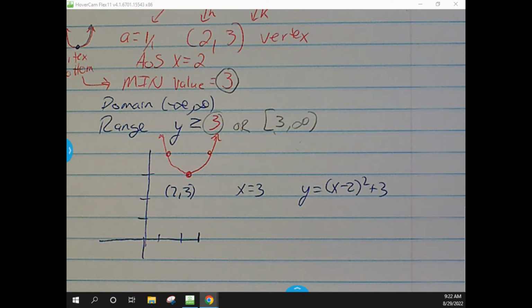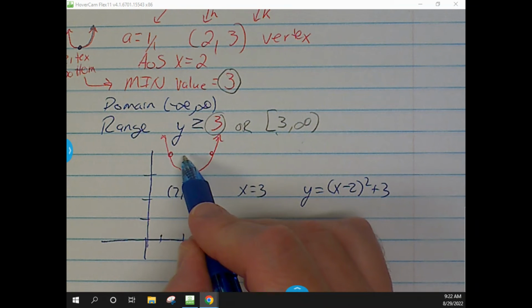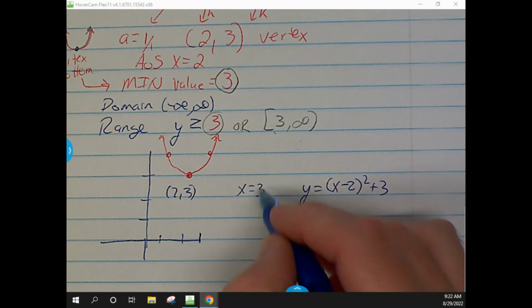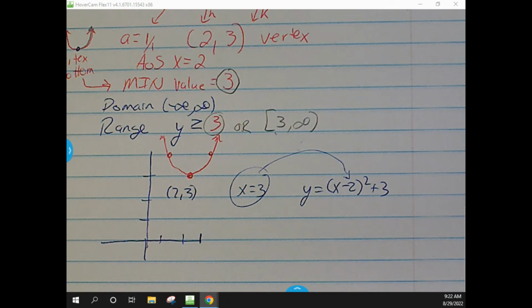Some teachers don't tell you this, but if it speeds the process up, I like to tell you, as long as it's a whole number, you get to cheat just a little bit, because you can just go up and over if it's positive. If it's negative, you go down and over, and it gets you the next points. Now, it only works with whole numbers. If it's fractions, you've got to take the x equals 3, plug it back in, and work it out. And here's why it works for the whole numbers.